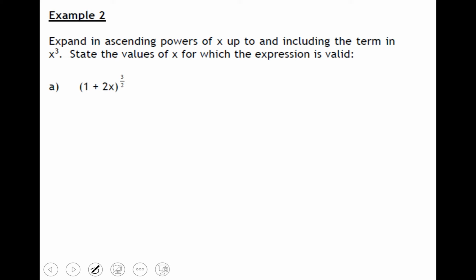Now things get harder when we have something other than plus x or minus x, and certainly fractions also cause their own complication. So our x in this case is 2x, for 1 plus 2x to the 3 over 2. Our n is 3 over 2.